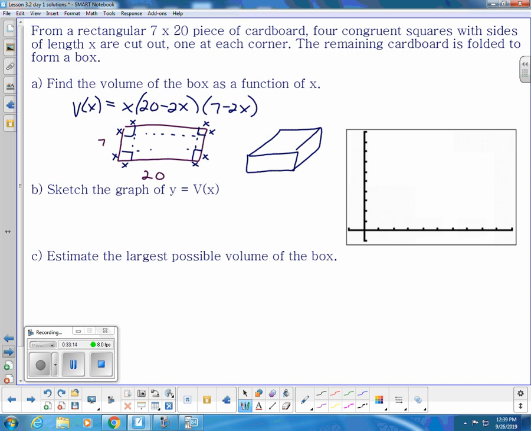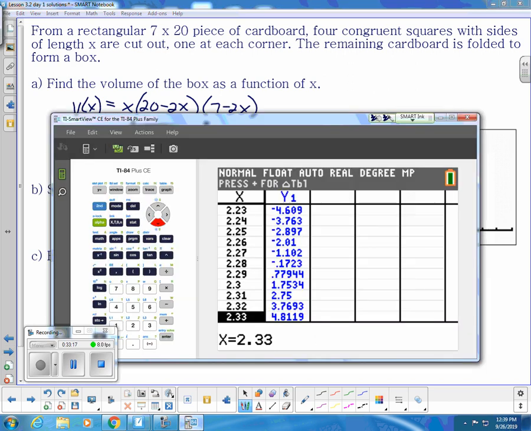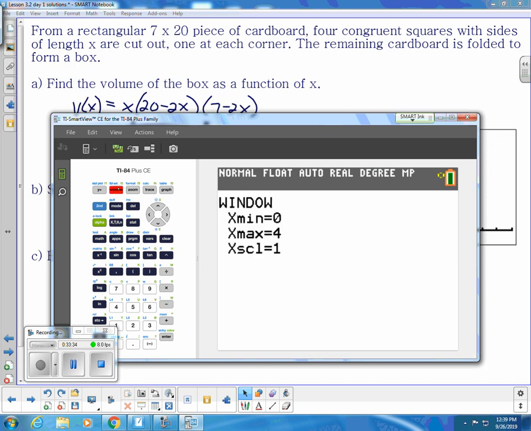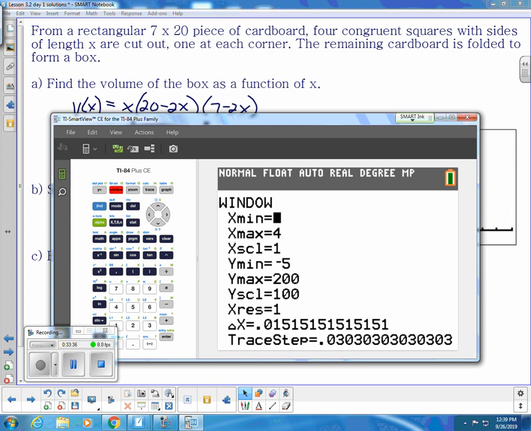Okay, so when you go to graph this, which we'll calculate that, you can graph it in factored form. Calculator's cool that way. I'm going to go to my window, and I'm going to go 0 to 4, just so my window's nice and wide.